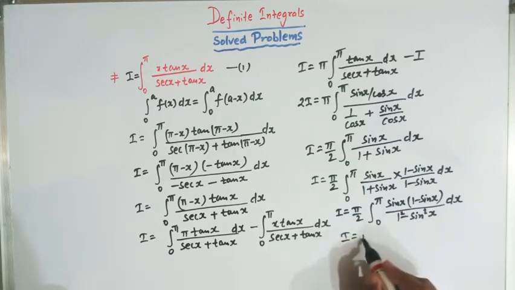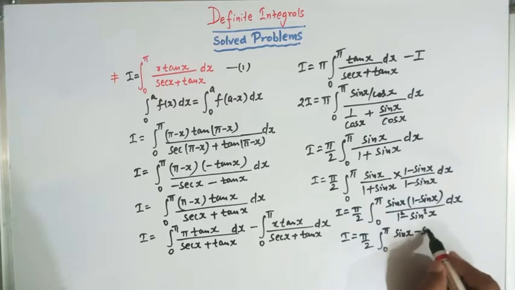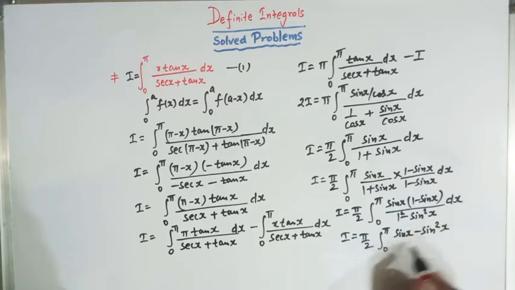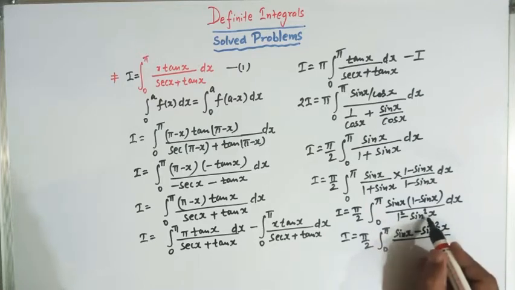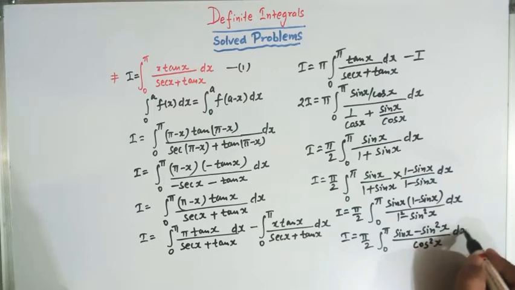Now I can be written as pi by 2 times the integral from 0 to pi of sin x minus sin square x over cos square x, since 1 minus sin square x becomes cos square x.